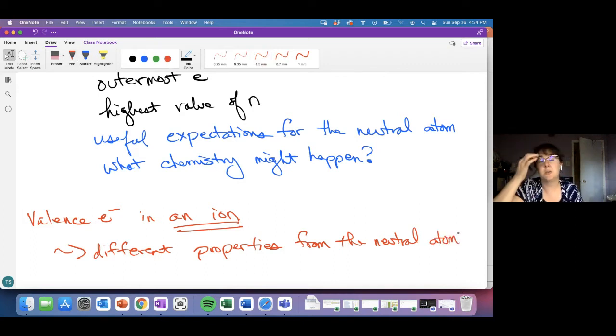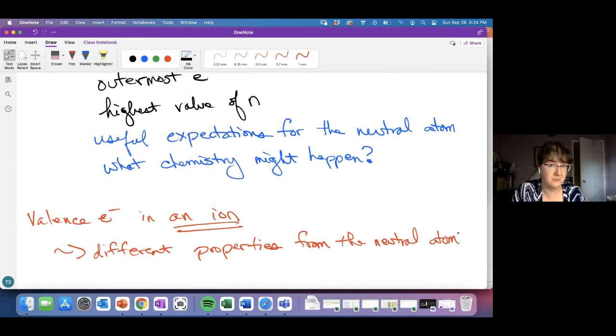While we can still talk about valence electrons, the moment you add or subtract electrons from an atom, oftentimes the most important thing is the charge, or how that's going to act differently.